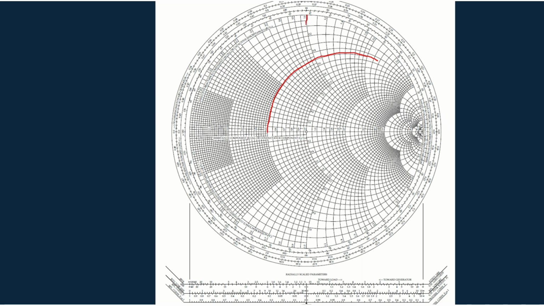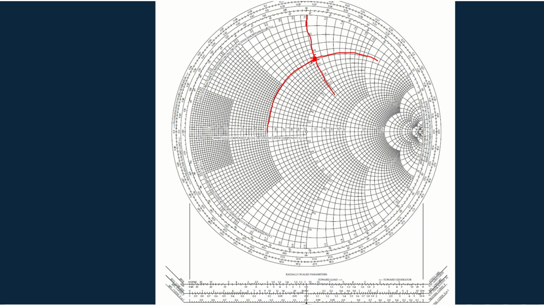So this is the inductance part. If I draw this line, you can see the intersection point. This corresponds to 0.5 plus 1j. So just mark this point.